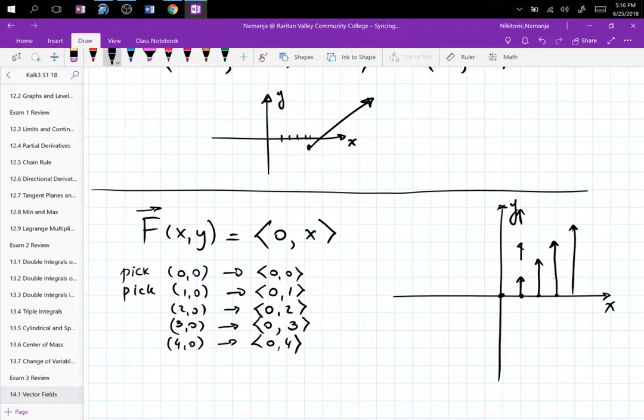So the first one is this, and then 3 units, and then 4 units, and so on. But they also go from the other side. So on the other side of the y-axis, same magnitude, just facing the opposite direction then? Yes.